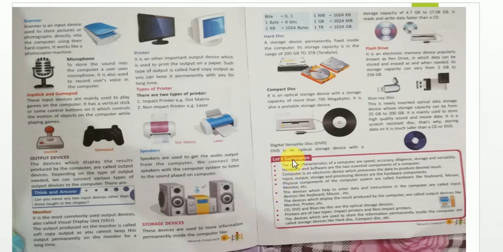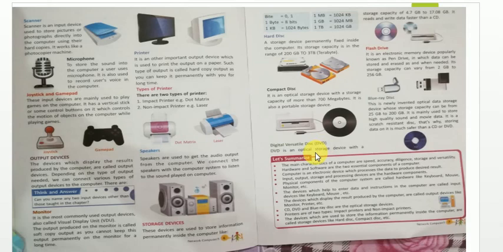So next one is compact disk. It is an optical storage device which can store 700 megabytes or more. So next one is digital versatile disk, that is DVD.